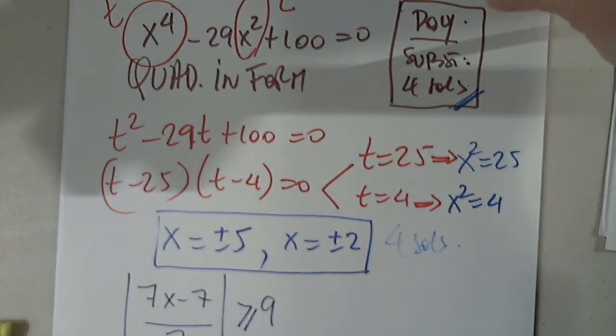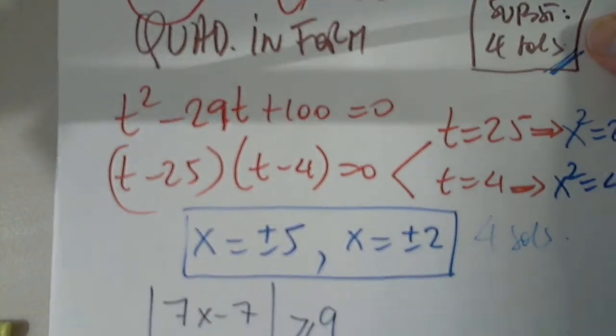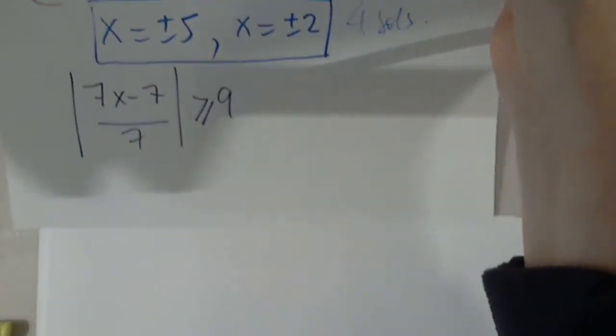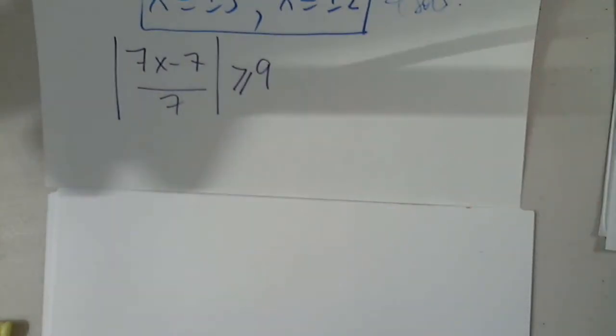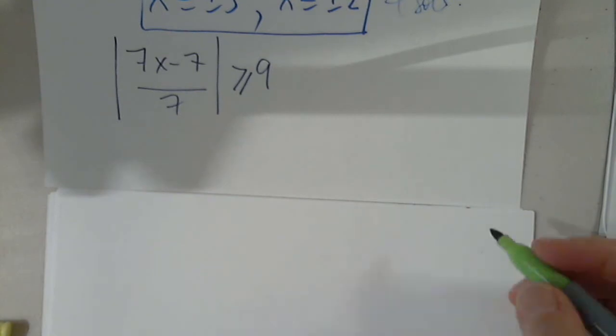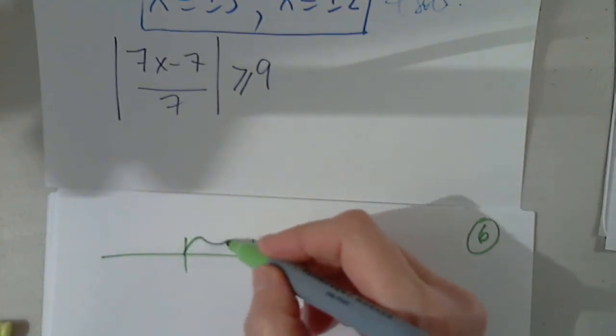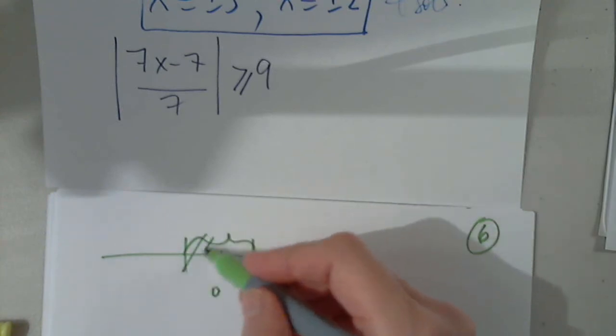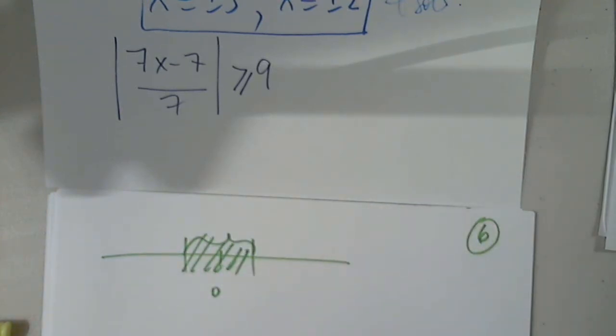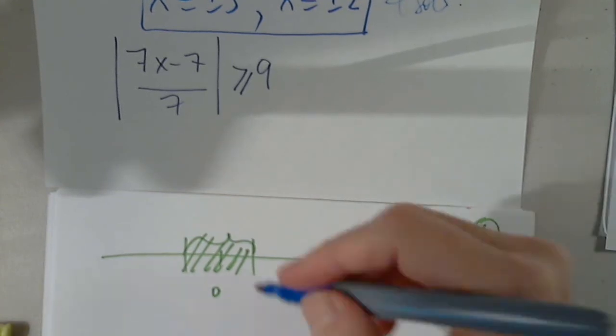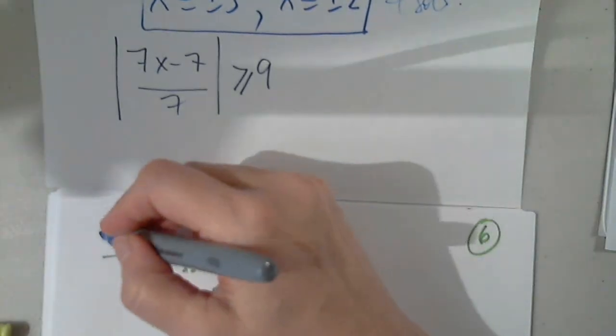So let me refresh your memory a little bit on the absolute value inequalities. And they are of 2 types. So one type is here with 0 in the middle, this piece. And the other type is this, as well as this.